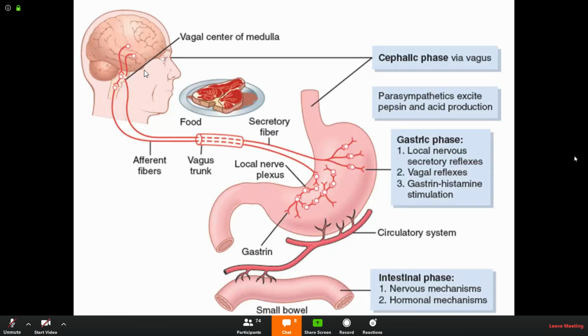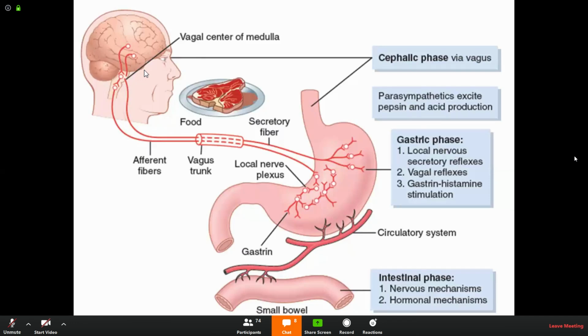Once food reaches the stomach, there are vagal reflexes and different hormones acting, which cause secretion of gastric juice. Then in the intestinal phase, due to nervous and hormonal mechanisms, the gastric juices are secreted or inhibited.